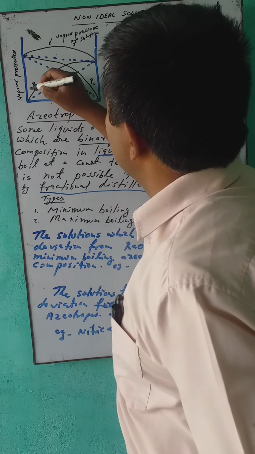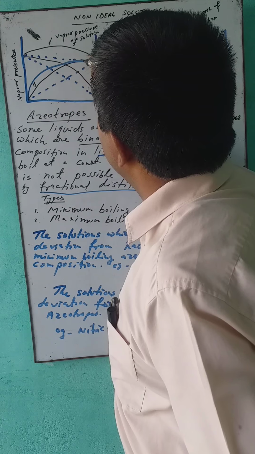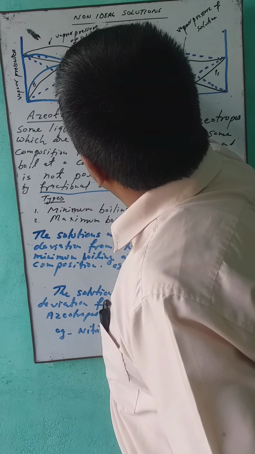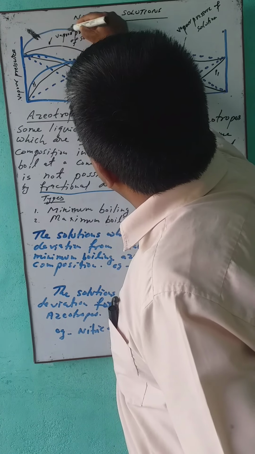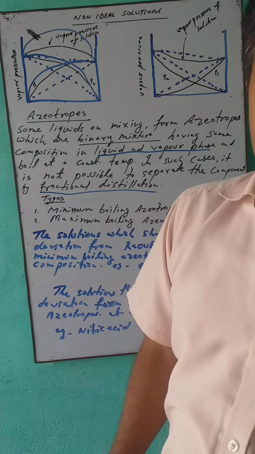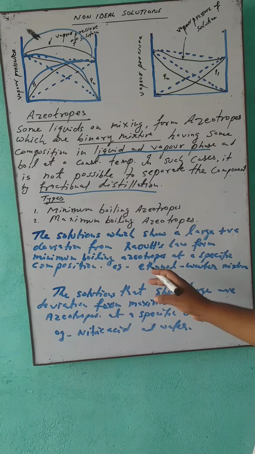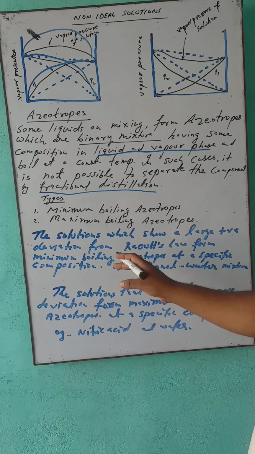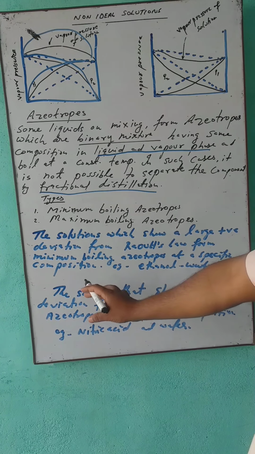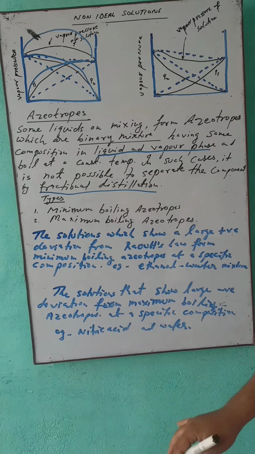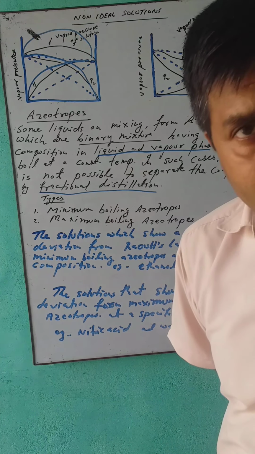Large positive means this curve goes further, this also goes further, and this also goes further. Okay? So we can say that at a specific composition, they show the minimum boiling azeotropes.